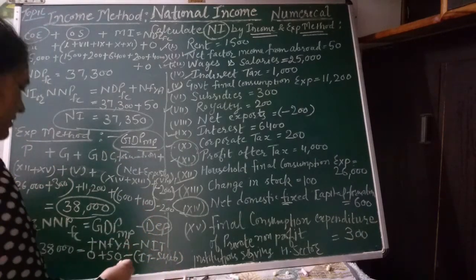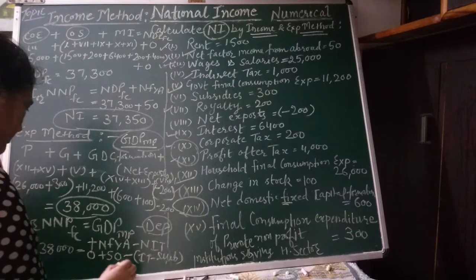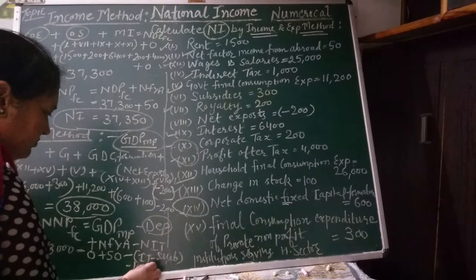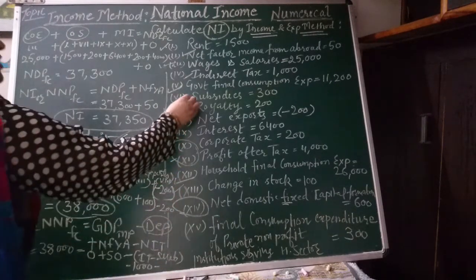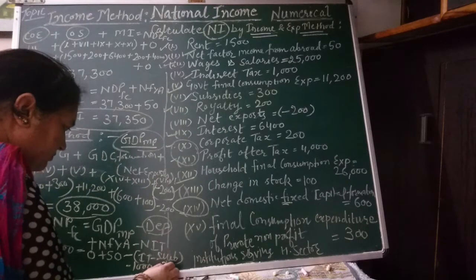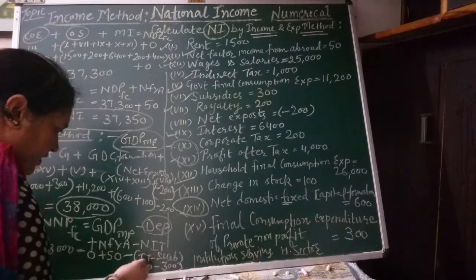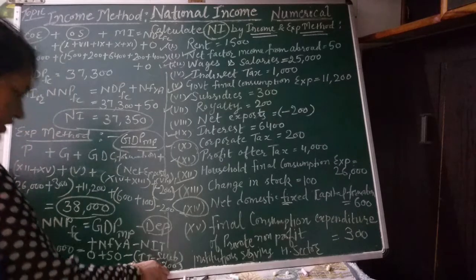So the value of indirect taxes is 1000 minus subsidies 300. So we are putting indirect taxes minus subsidies into bracket.